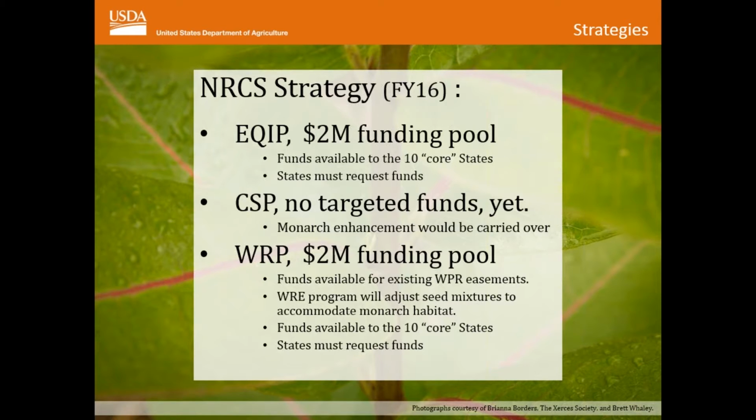For WRP, there's $2 million available throughout all the states, and Wisconsin already had to submit for that funding. Wisconsin was approved for funding for monarch on WRP sites, and that's the first funding that's come to the state.